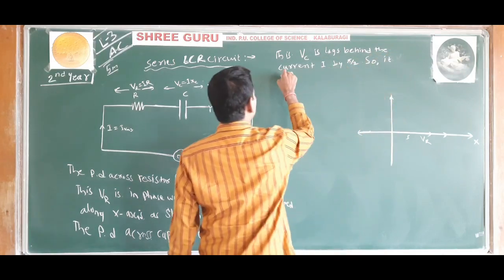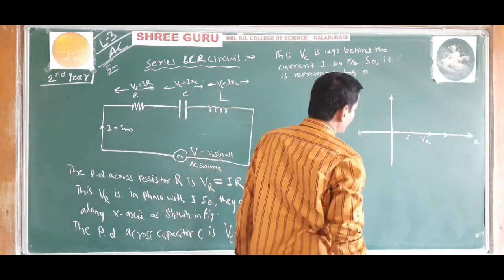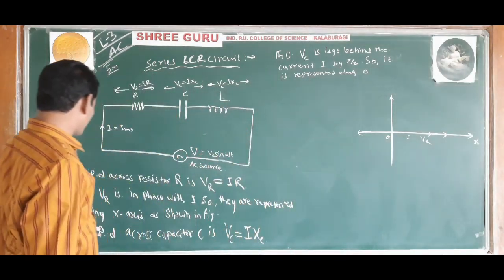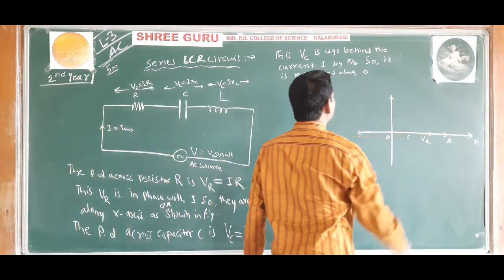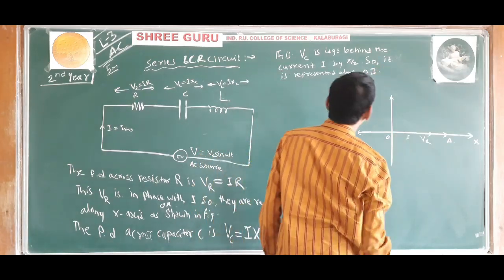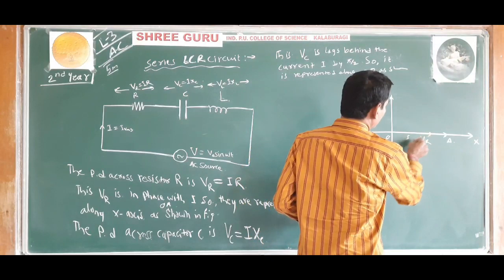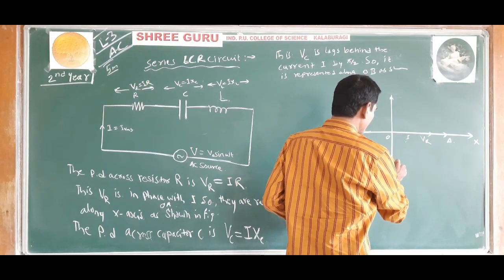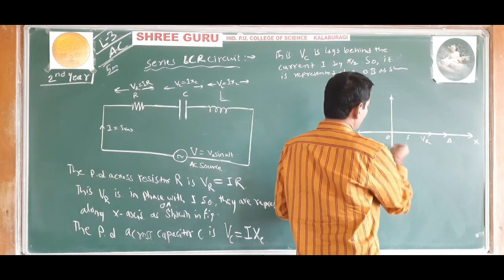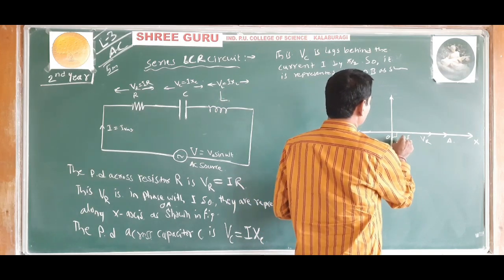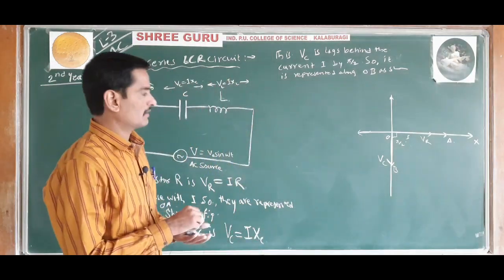So it is represented along OB, as shown in the figure. From the current direction OA along the x axis to here, the angle is pi by 2, so this is VC along OB.